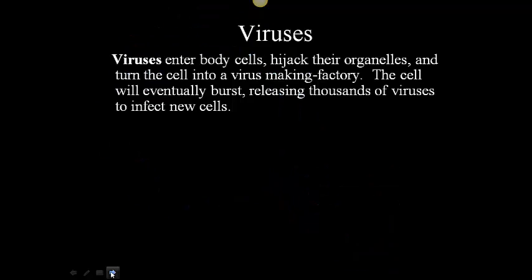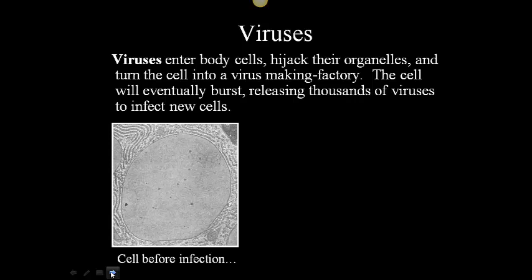Alright, so as I mentioned already, when viruses need to reproduce, they need another cell to do that. They can't reproduce on their own. So what they'll do is they'll go into a cell, they'll take over the cell, the organelles and every other part of the cell, and eventually most viruses make that cell burst and release thousands of new viruses.